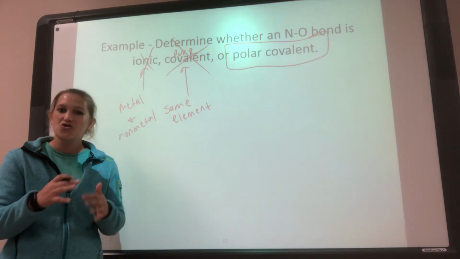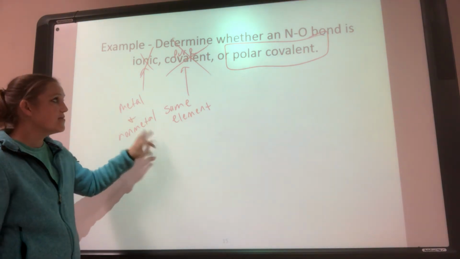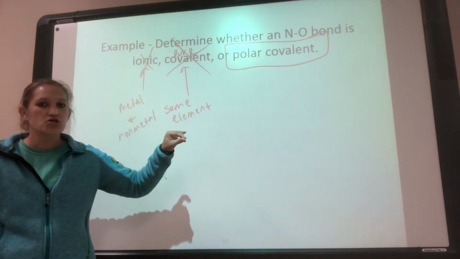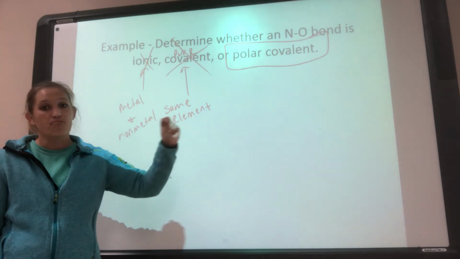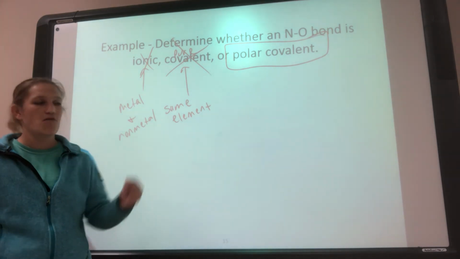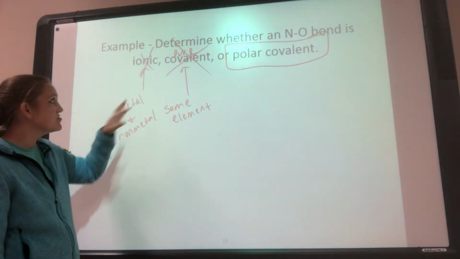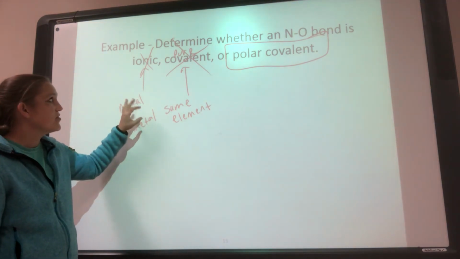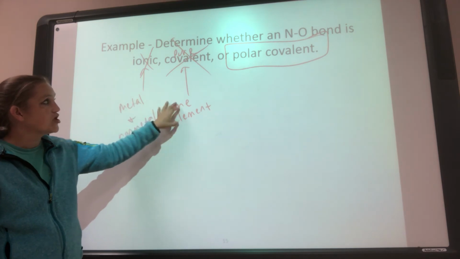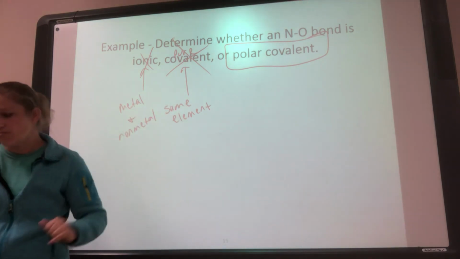Those two can get a little tricky. Based on the question, you notice I didn't ask you to choose between those two, because you could only choose between non-polar and polar covalent if you had the exact numbers. But in this case, we're just using the definitions of my terms to figure out if it's going to be an ionic bond, a pure covalent bond, or a polar covalent bond.